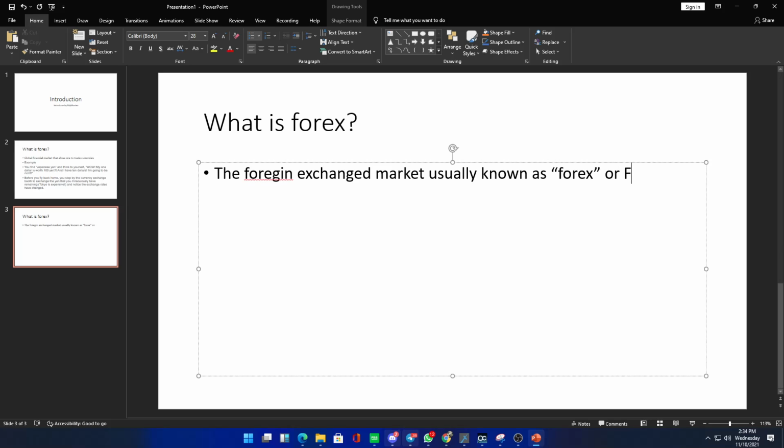So this is the popular word among traders. They are calling it forex. They're not calling it foreign exchange because the name is too long. They are calling it forex or FX. So the shorter name will be FX.